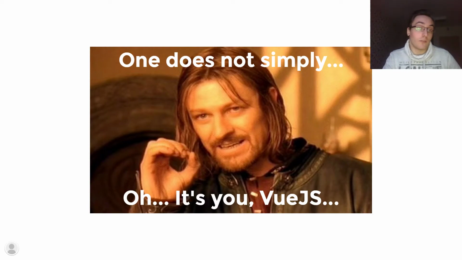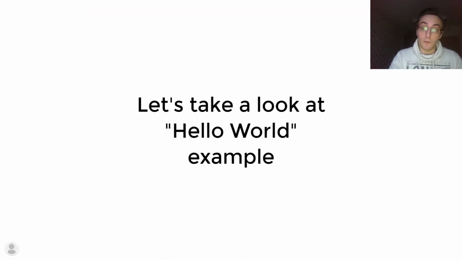A Vue instance can be created by using new Vue, like new and a class name, with an optional object which can contain templates, data, methods, etc. In other words, we can see the Vue instance as an intermediary between your data and the view. So let's take a look at the Hello World example.